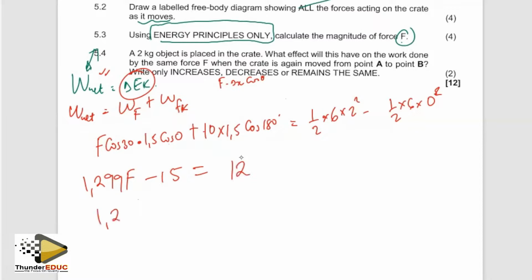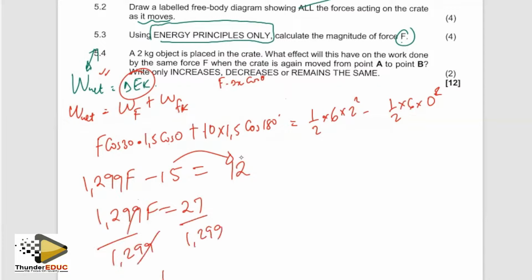So 1,299F, when I move the 15 to that side, I'll get 27. I'll divide by 1,299 on both sides, that cancels that. So 27 divided by 1,299 gives me 20,78.